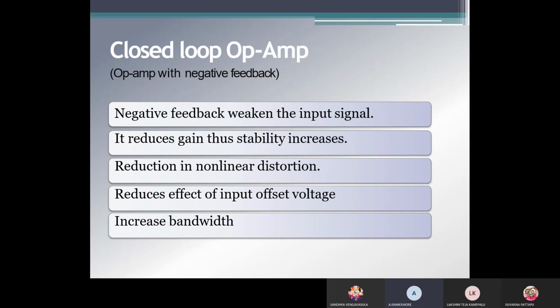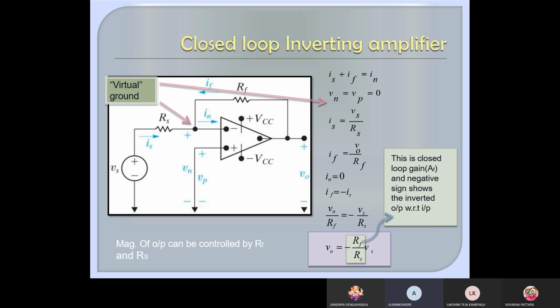And there is a reduction in nonlinear distortion, it reduces the effect of input offset voltage, and it increases the bandwidth of the device. Those are the characteristics of a closed loop configuration.